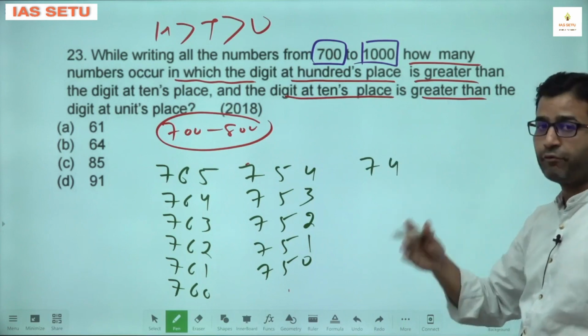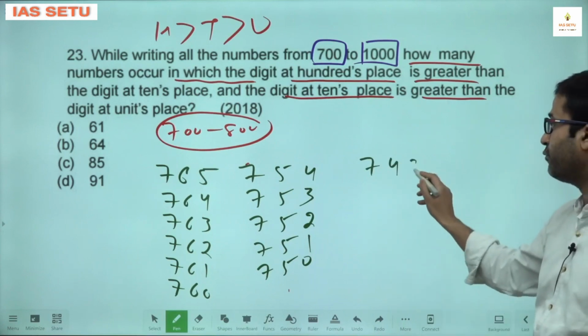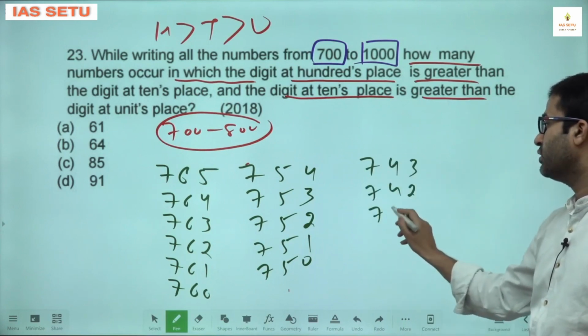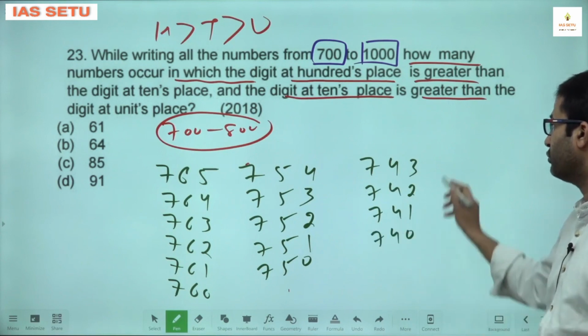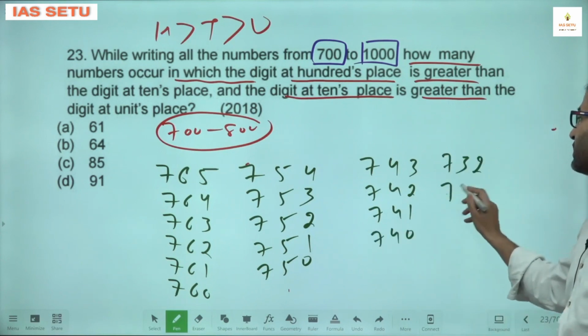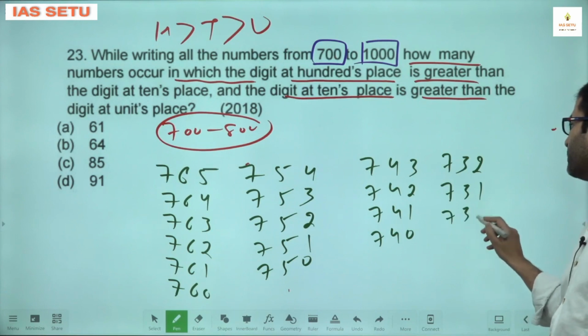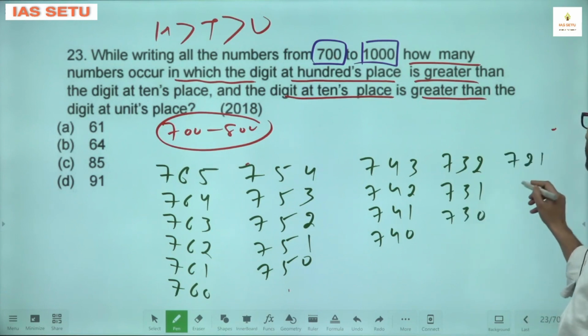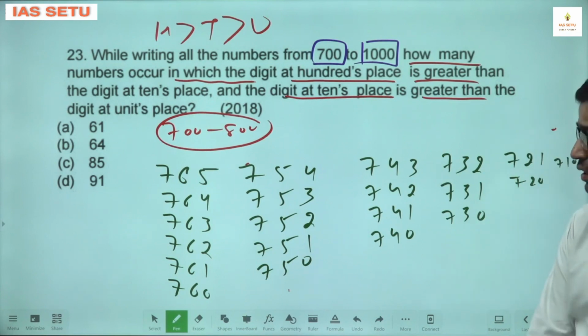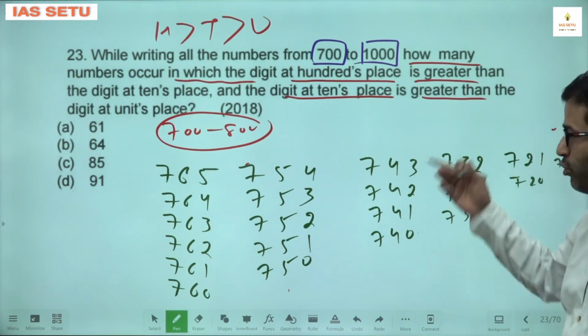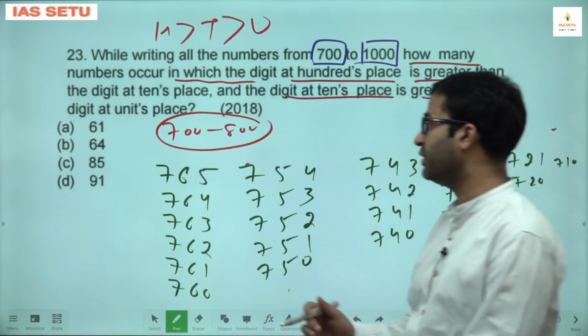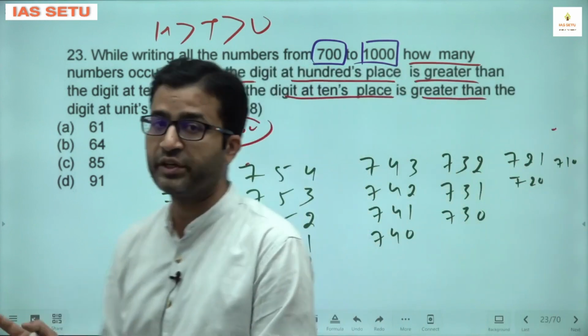Then you take the range of 740: 743, 742, 741, 740, then 732, 731, 730, 721, 720, 710. But the beauty here is, I already told you the solution will be lengthy.